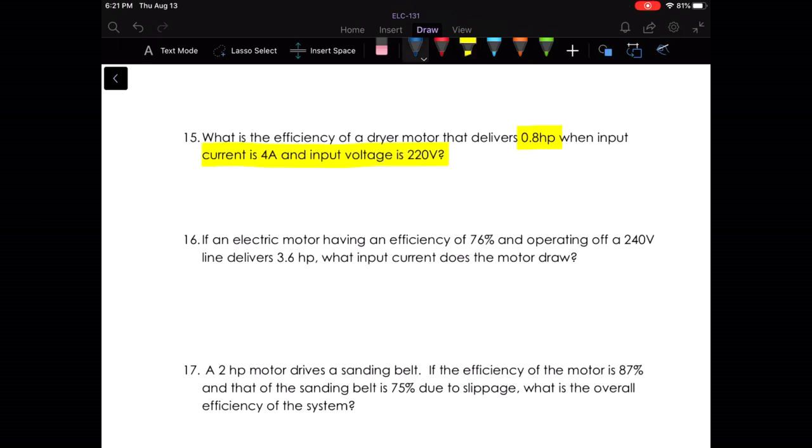So when a motor delivers power, that's the output. And you're given that the input current and voltage is 220. So those together are going to give you your input power. So P in is the current in times the voltage in.